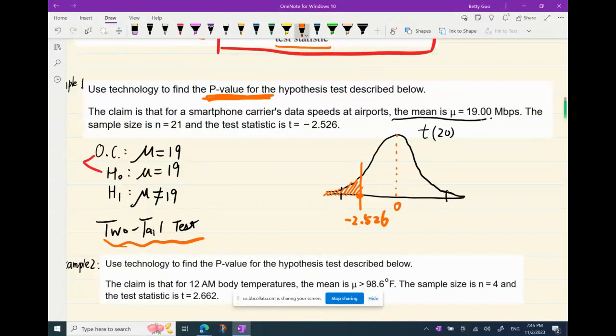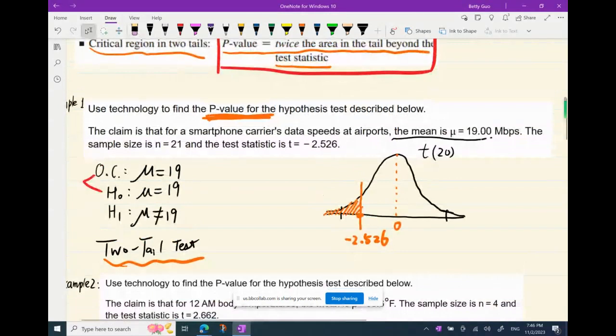So we are going to find the area to the left of this test statistic. Very extreme, a significantly low chance. The area of the shaded region represents the probability of getting samples that give a statistic at least as extreme as the statistic we got here. But that's not the p-value. P-value is twice that area. We have to multiply by 2 later.